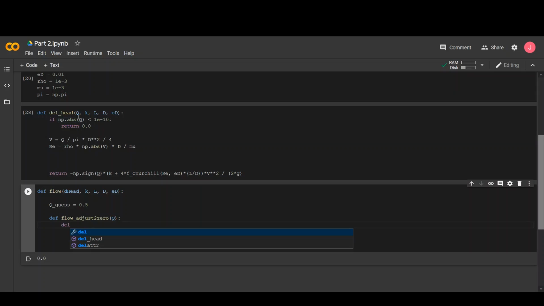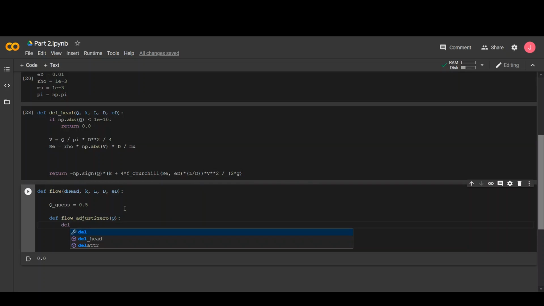If we recall for this function, we were solving for the delta head for a known q. And in this case, we have something very similar, right? We're guessing that we know the q, and we don't know the delta head for this term, our frictional heating term.